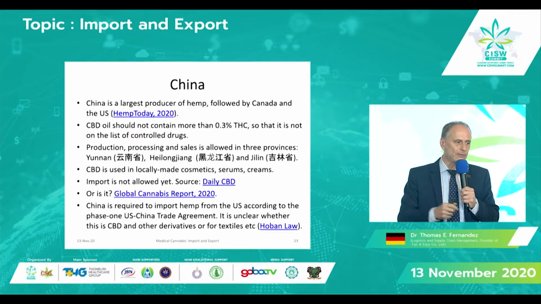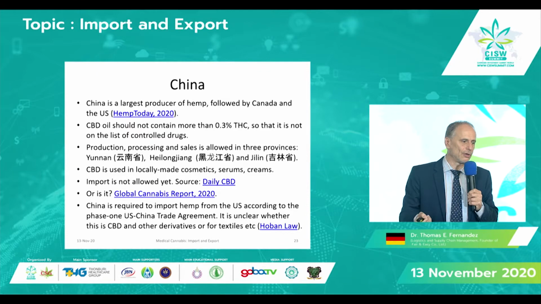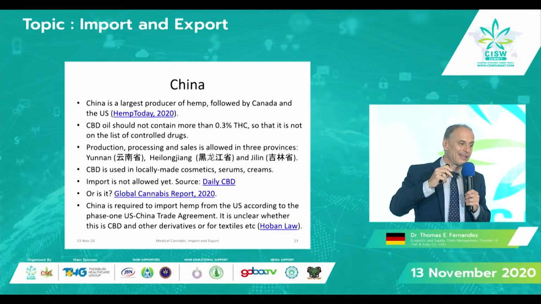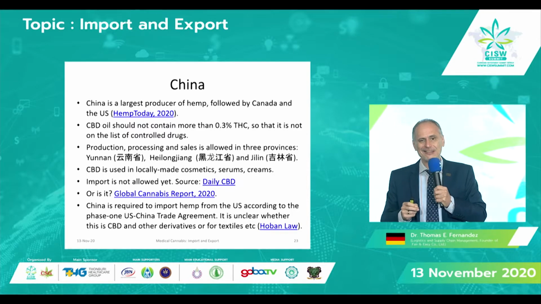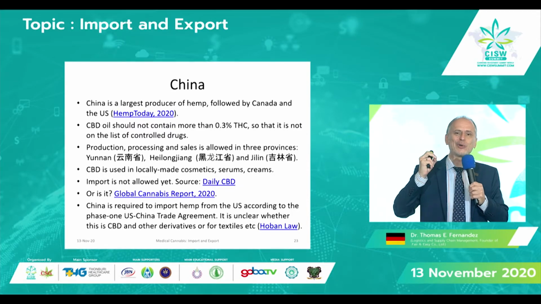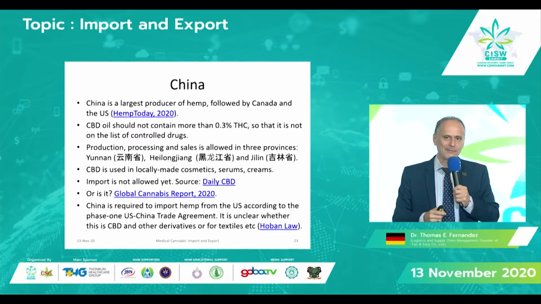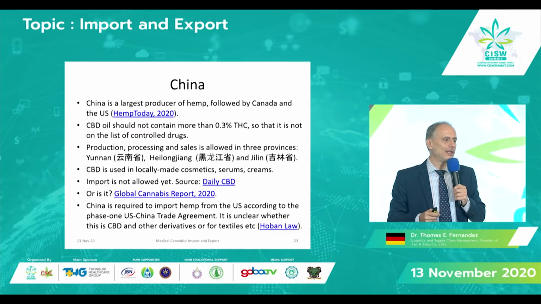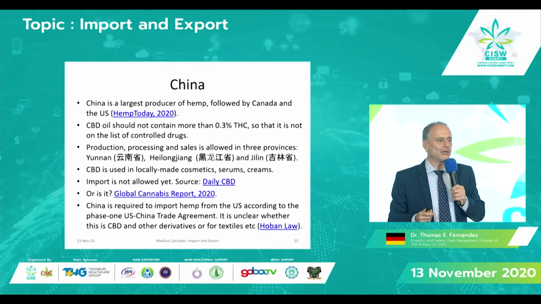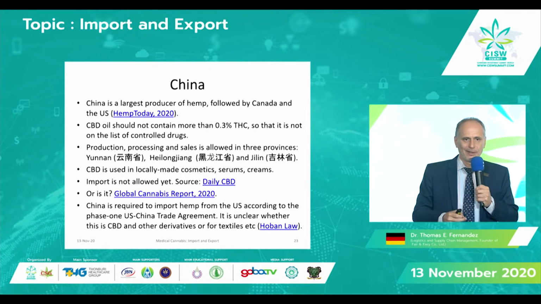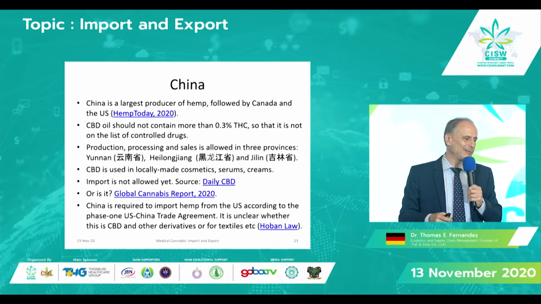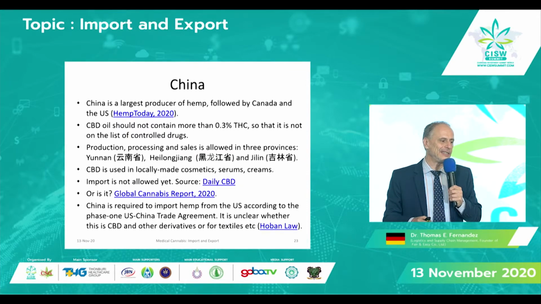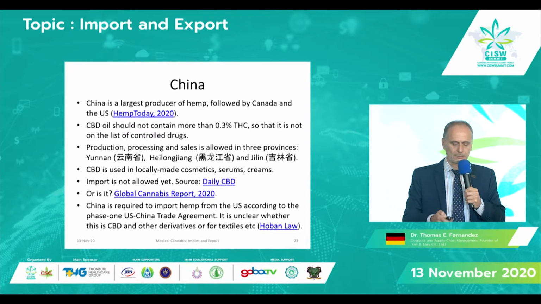Import is not allowed, according to some sources. It is allowed under licenses according to other sources. Now, the interesting thing is that China is required to import hemp from the United States, according to the Phase 1 US-China trade agreement, though it is not clear whether this can or should contain CBD or not.